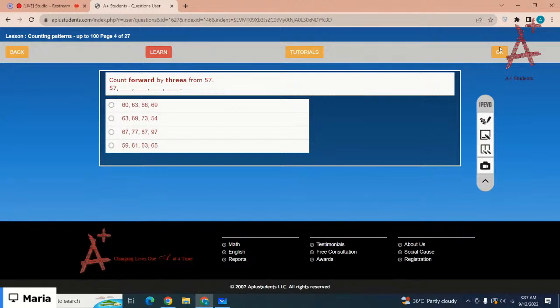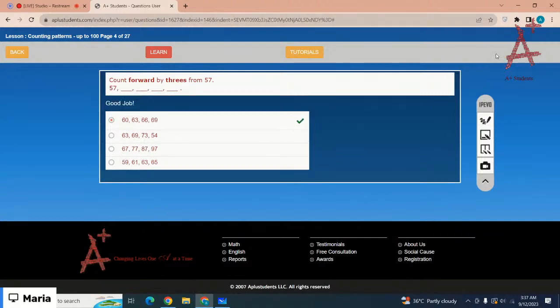You have to add 3 every time. So 57 plus 3 is 60. Again, that's option number 1. I think for all the questions the correct option is option number 1. You don't have to worry about the answers.